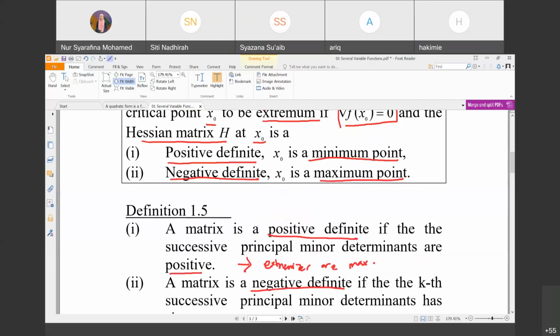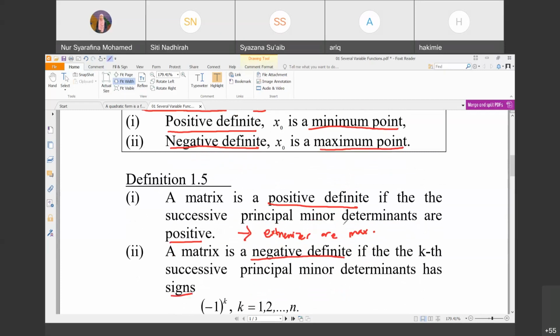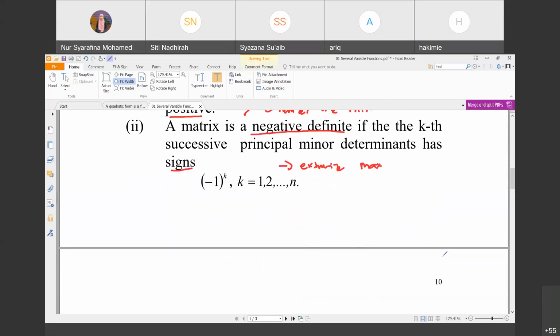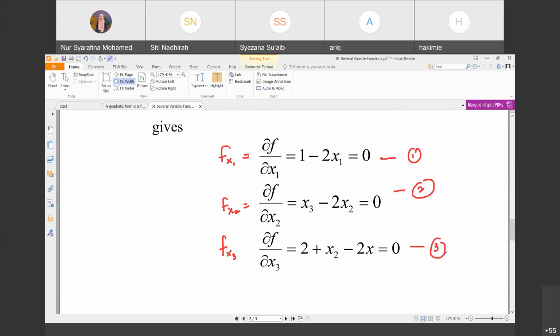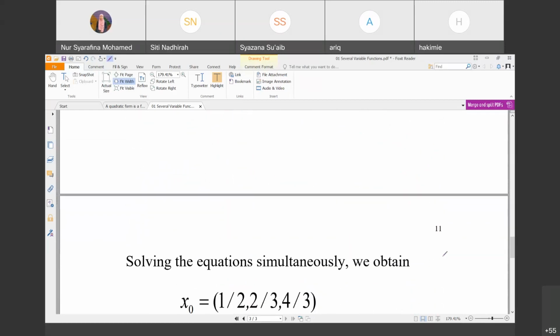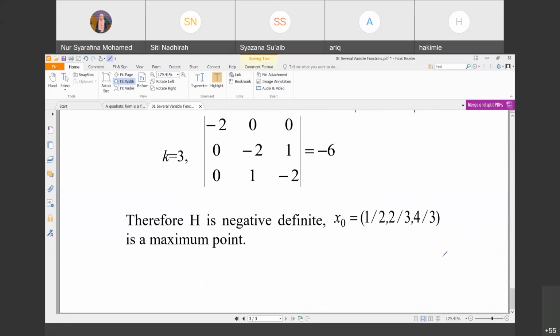When it is negative definite, the extremizer is a maximum. That's why it is important for you to understand the definiteness of the Hessian matrix, and also the previous one is the symmetric matrix. Try to understand the Hessian matrix and prove whether it is negative definite or not, and then you can conclude the critical point.